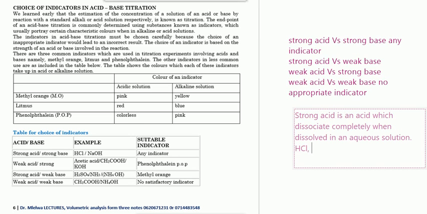When you are talking of sulfuric acid, H2SO4. And when you are talking of nitric acid, that means HNO3.